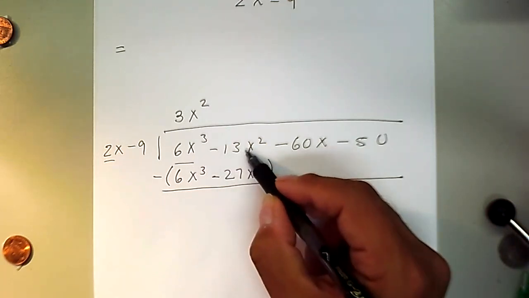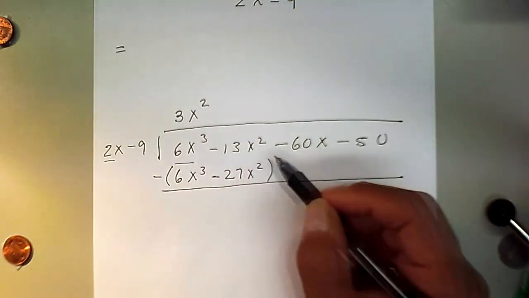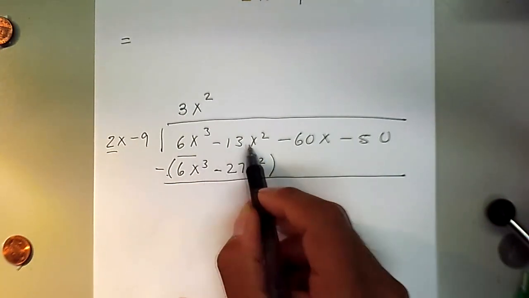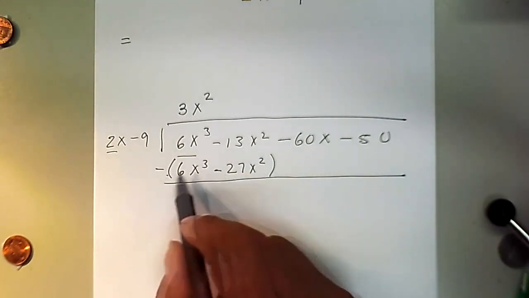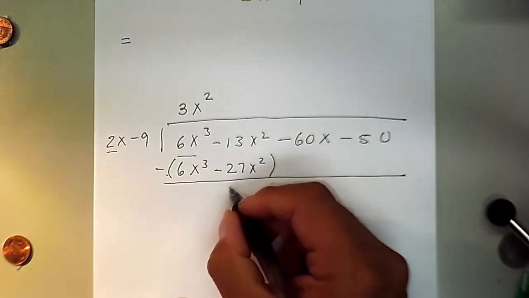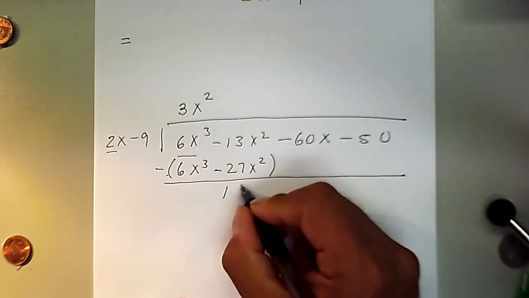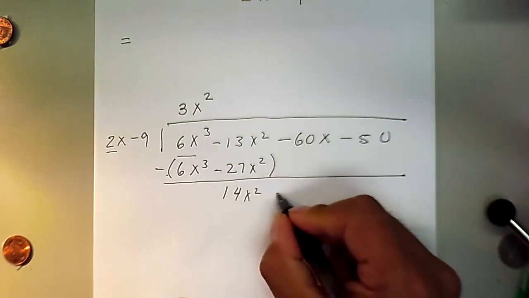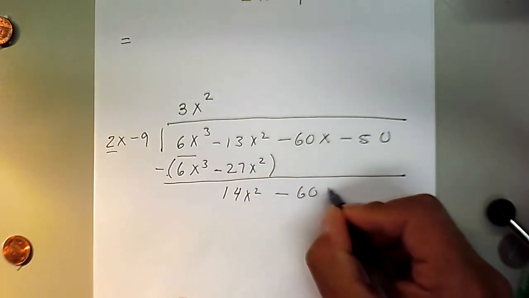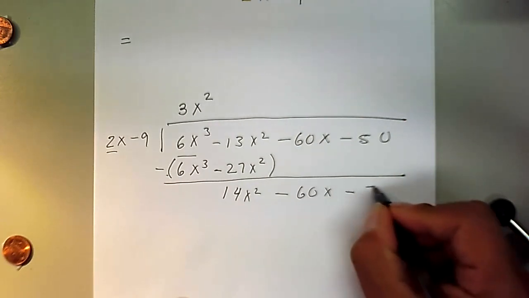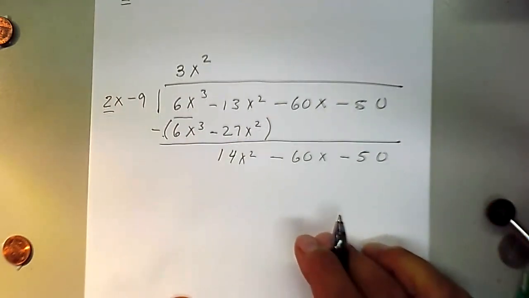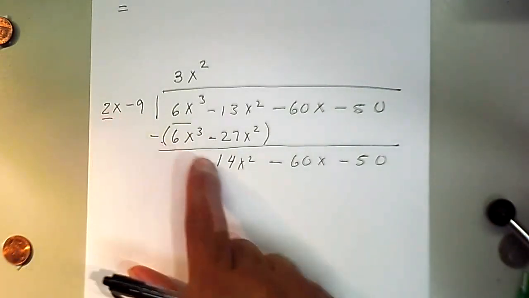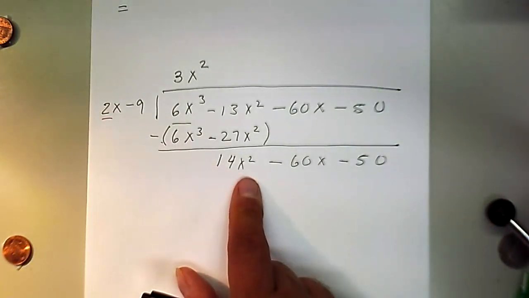Negative 13, now this is tricky because there's going to be this extra negative to worry about. So negative 13 plus 27 is positive 14x squared. And then what I do is bring down the rest of the terms so I don't forget them. All right, so now we start all over. What multiplied with 2x gives us 14x squared?